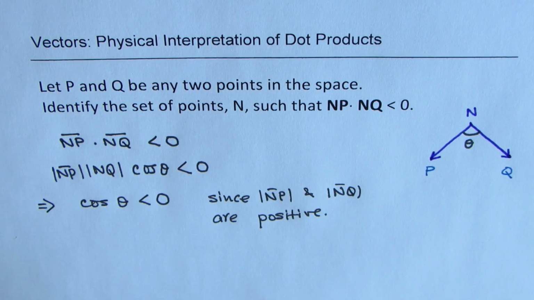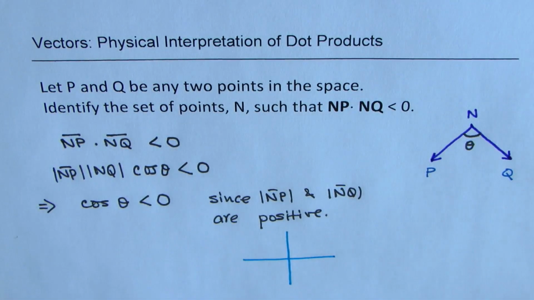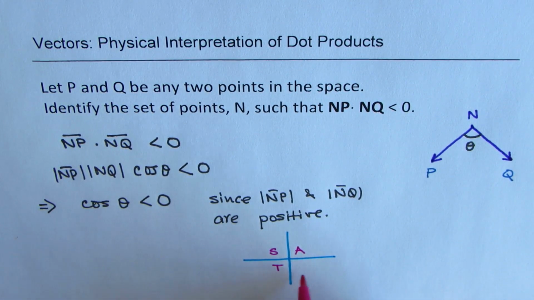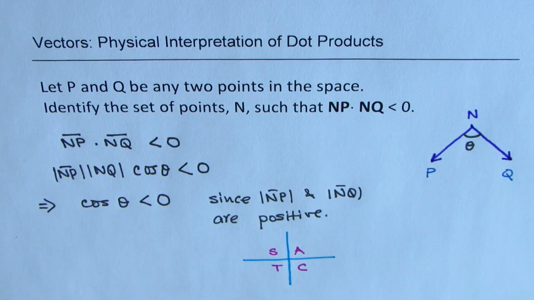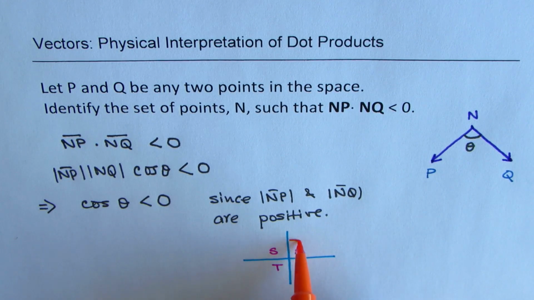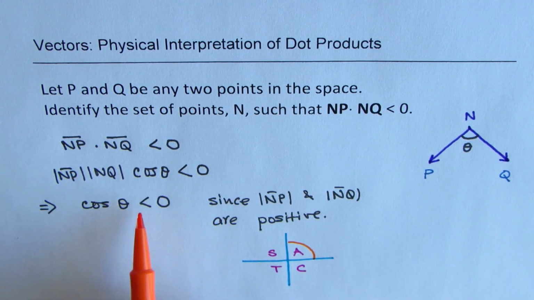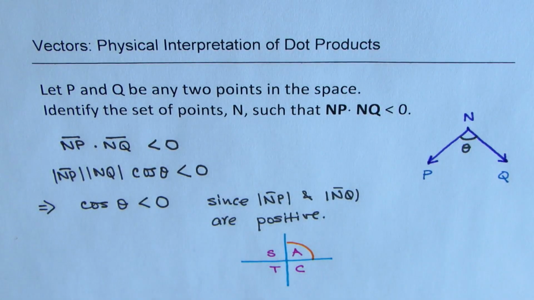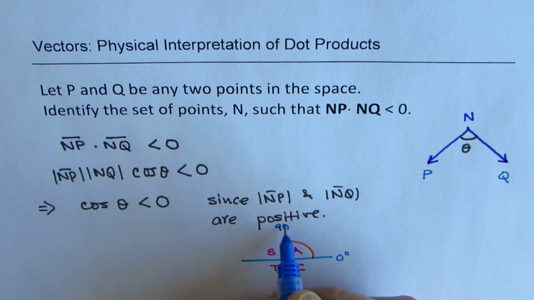If you look into the coordinate plane, we know that all are positive in quadrant 1, sine is positive in quadrant 2, tan in 3, and cosine in 4. So we observe that cosine theta is positive when we are talking about angles between 0 degrees to 90 degrees.